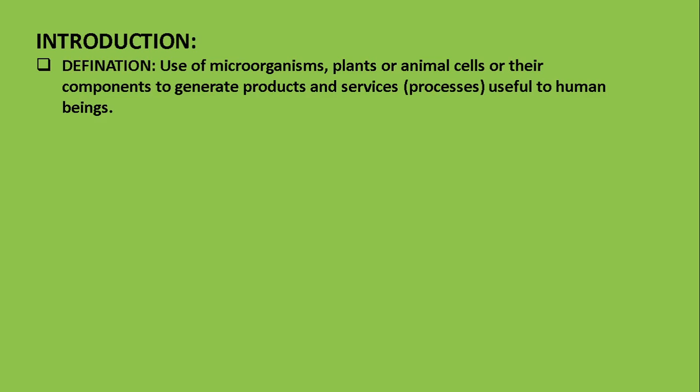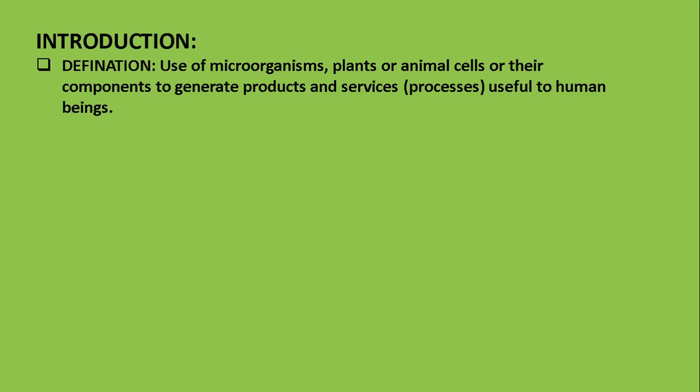Now, sometimes it so happens that one organism, say organism A, is producing a product, and the product is very good, but the quantity is very less. There is another organism B which can also be made to produce the product in huge quantities. So can't we use organism B to do that?